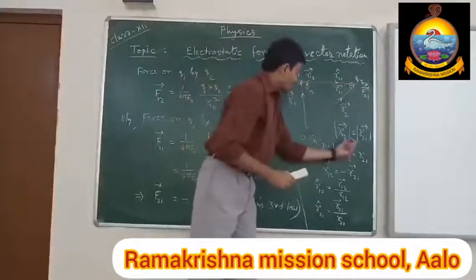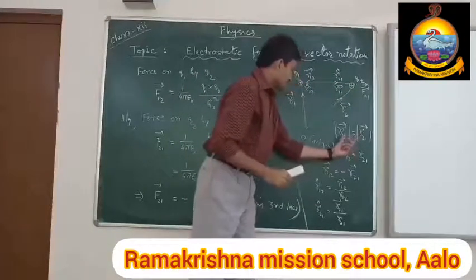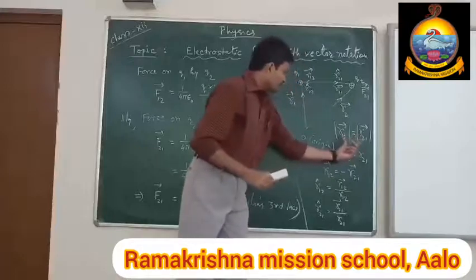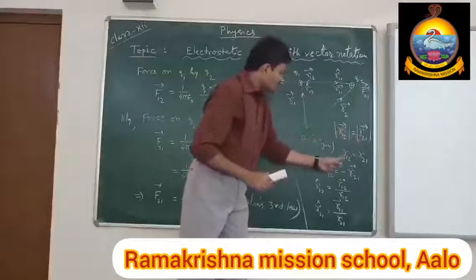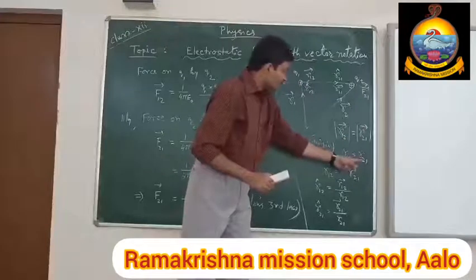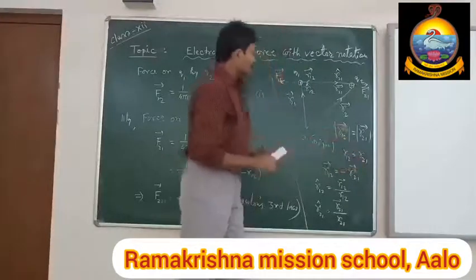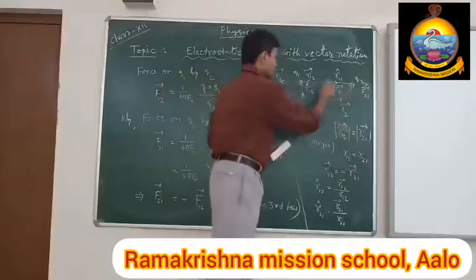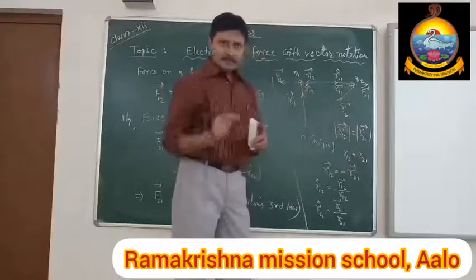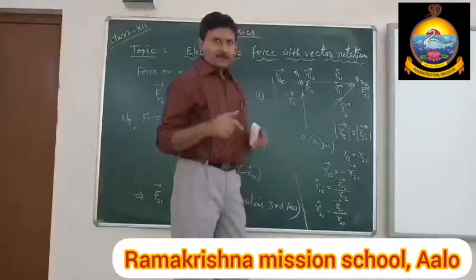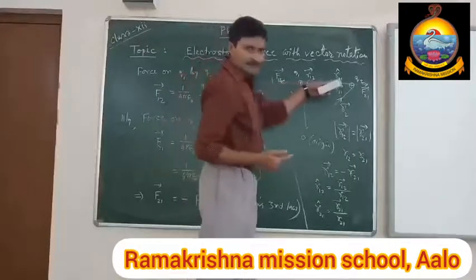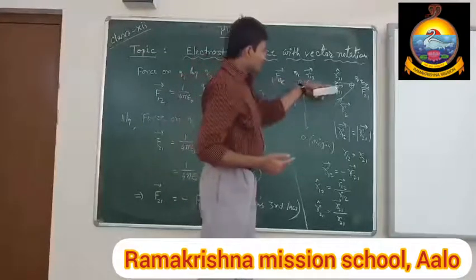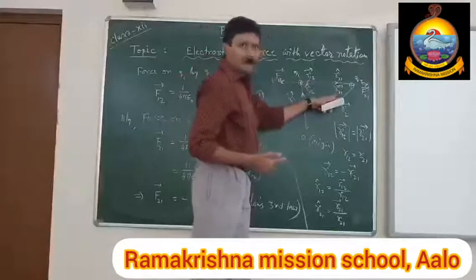But the magnitude of displacement vector r21 is equal to r12, and the magnitude of vector r12 is equal to r21. So in either case, when we consider the distance from this point to this point or from this point to that point, in both cases the distance will be the same. But for displacement, we have to give the direction, and for direction, this vector is represented by r21.